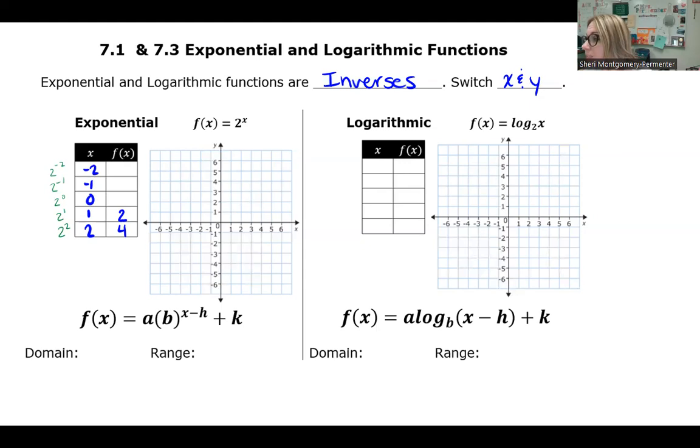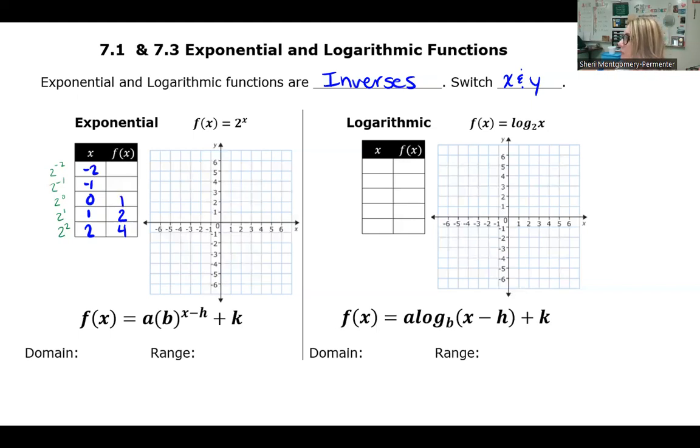It's 1. Just to be sure, type in 10 to the 0 power. It's also 1. Anything to the 0 power is 1 every time, all day, every day.